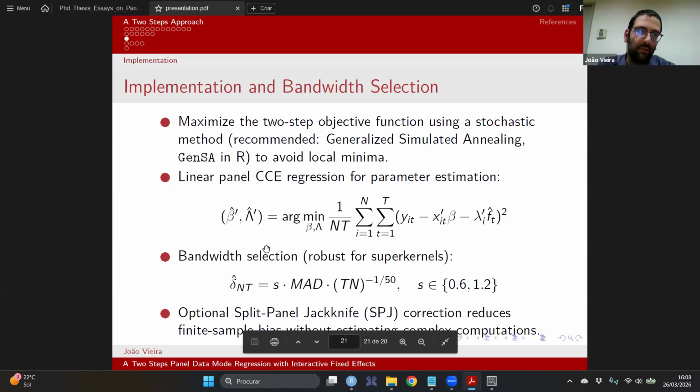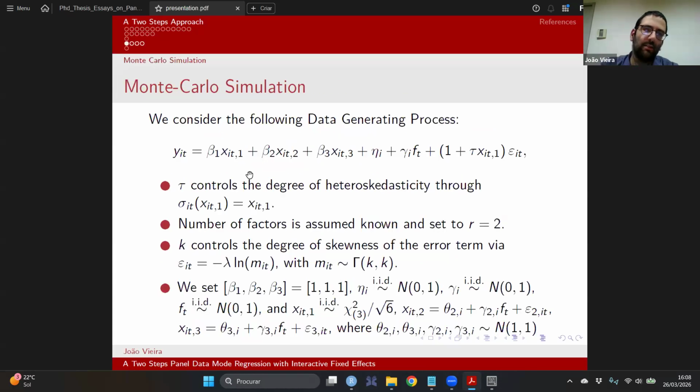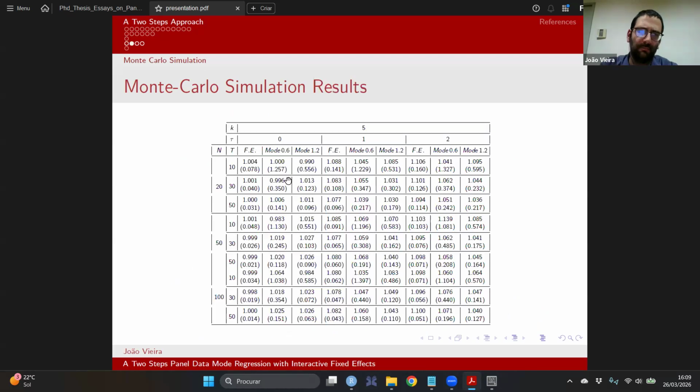So then we need to also estimate the bandwidth. This is our proposal. It's the same as in Kemp. Here this is a small change. And we also did some small simulations. Basically, we put some skewness and some heteroscedasticity in our data, and we check if beta 1 equals 1. We found some small biases.